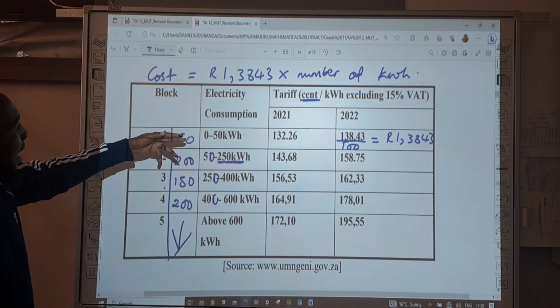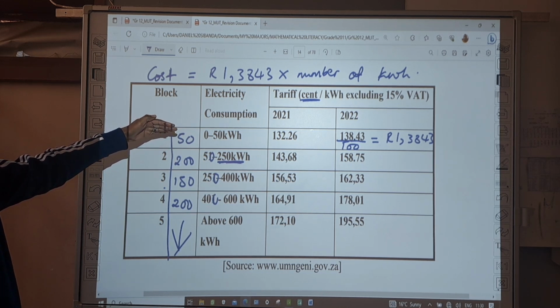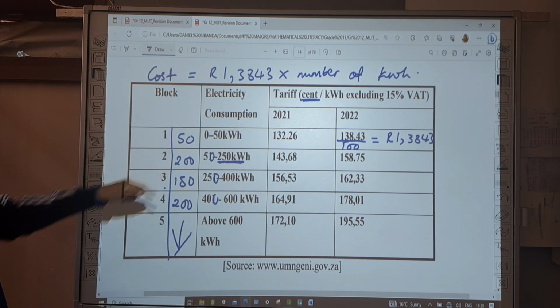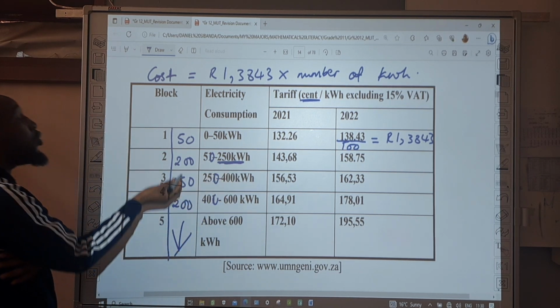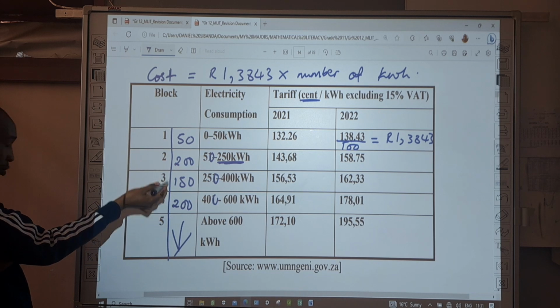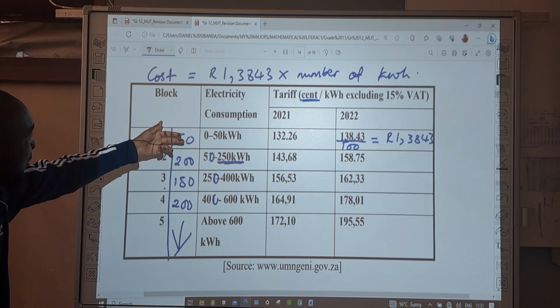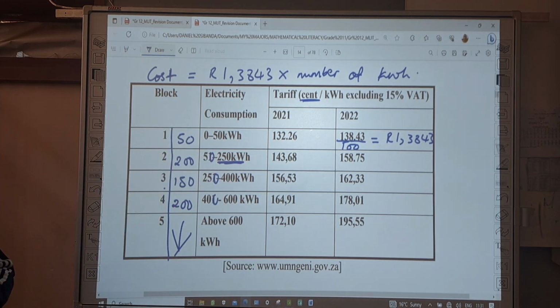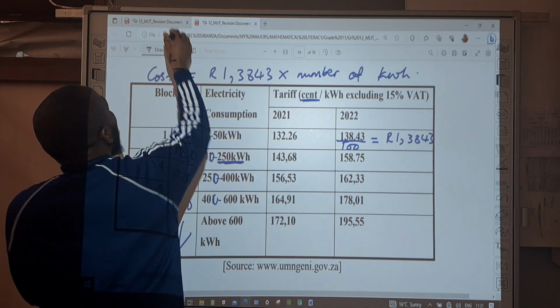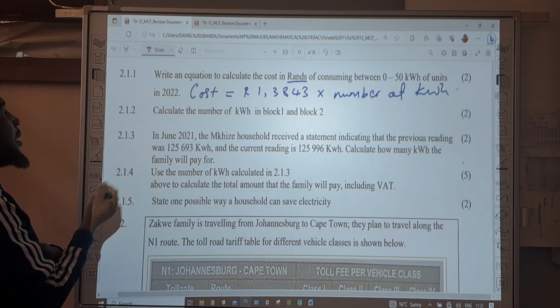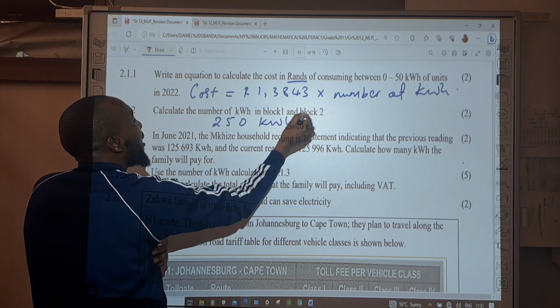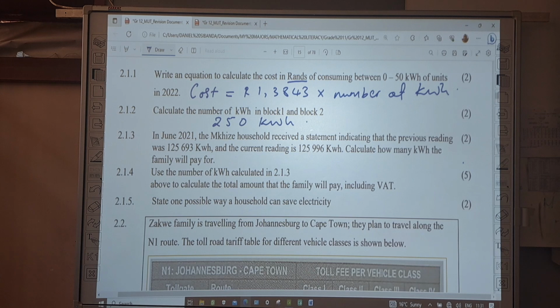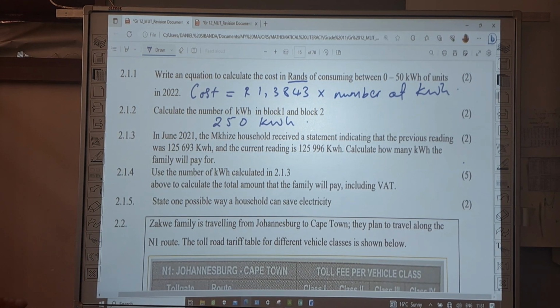So they are asking how many units you will have used in the first block and the next block. There is your 200. And if you look at the column that I have constructed, 50 plus 200 is still 250. So it doesn't need to be calculated. It's straightforward. Yours is just to write 250 kilowatt hour. Units are very important. Please always indicate your units.